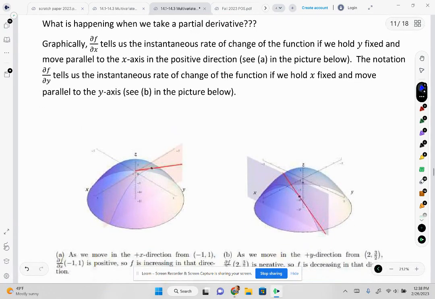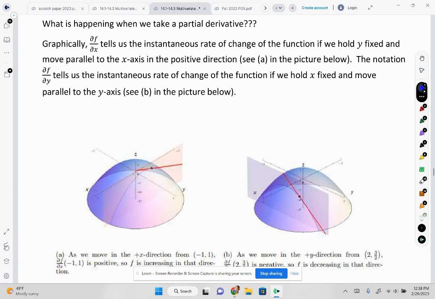Okay, so what is happening when we are taking a partial derivative? Graphically, del f del x is telling us the instantaneous rate of change of the function if we were to let y be a fixed value and then move parallel to the x-axis. So you're moving in a specific direction along x, and y is not changing.